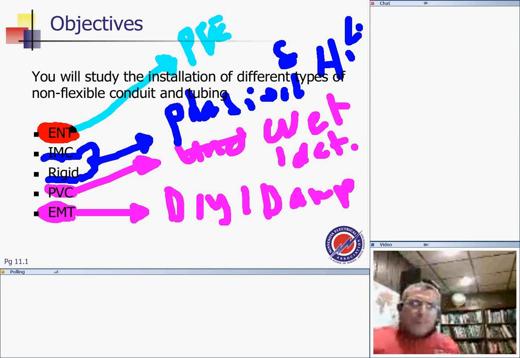Before we go into conduits, guys, I want to bring to your attention two different types of conduits you're going to be encountering. Number one is metallic conduits, and number two is non-metallic conduits.